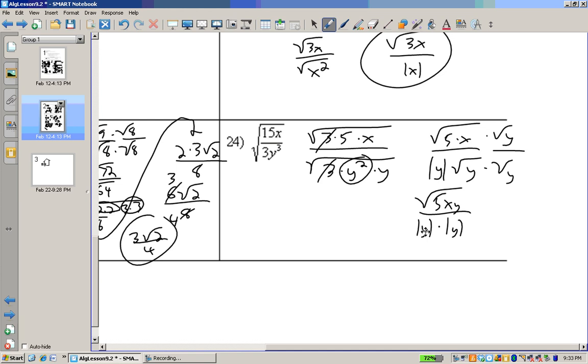If it were negative, negative times negative is positive. If it's 0, 0 times 0 is 0. So it really isn't necessary to include this absolute value because now we have y to the second, which is an even numbered exponent. And so we can remove that. If you wanted to put the absolute value, you're welcome to, but it's going to be the same result.